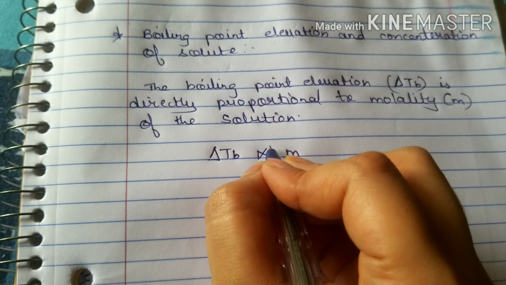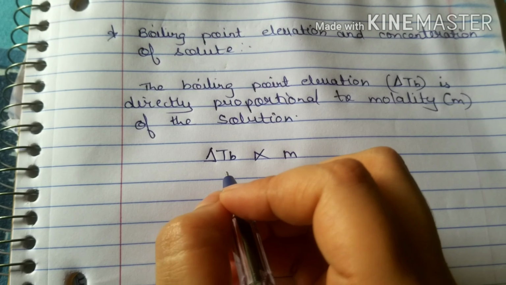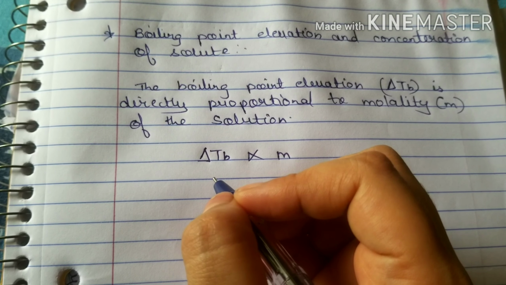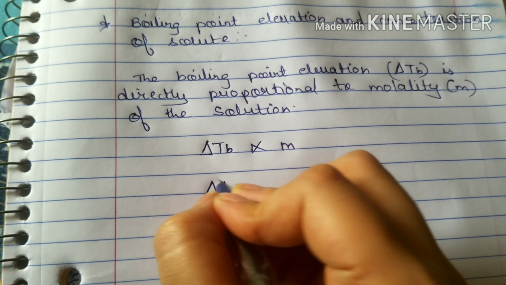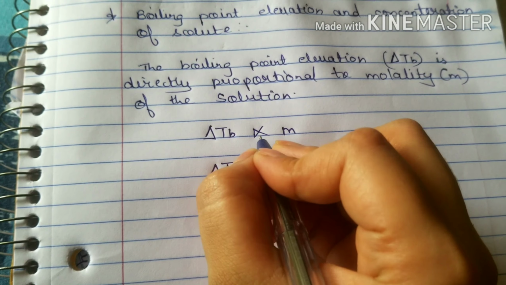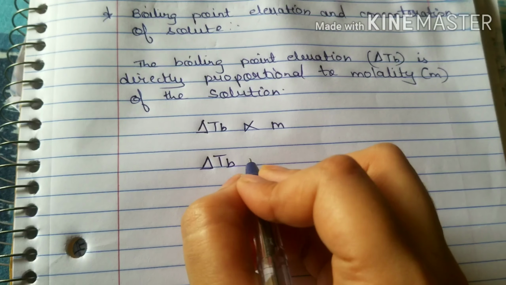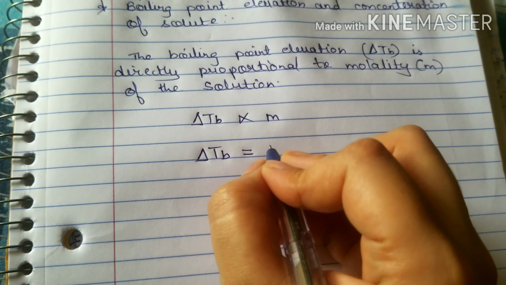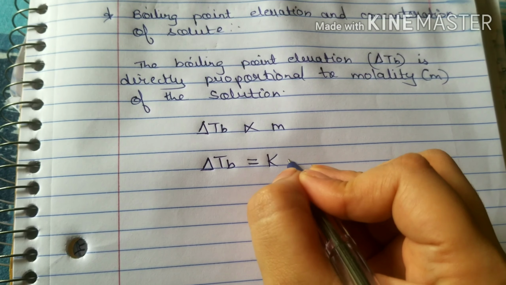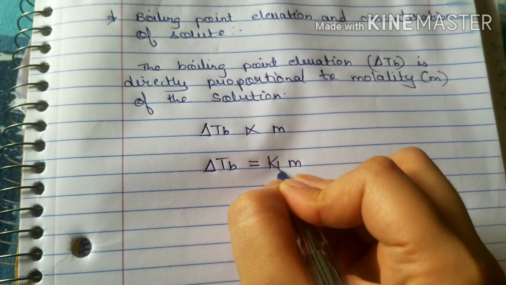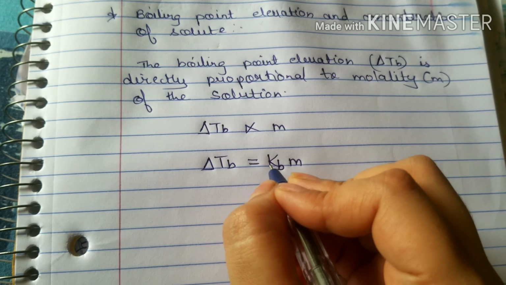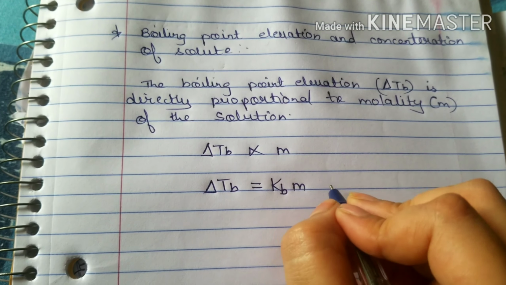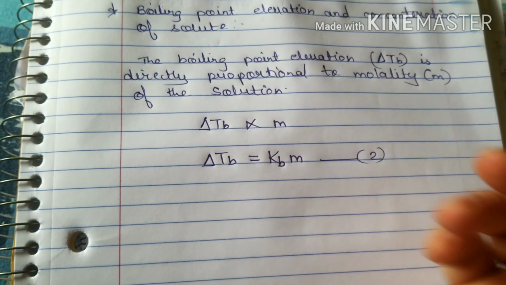Now I told you, if I want to remove this proportionality sign, I need to put an equal to sign along with a k, right? So what it will become? Delta TB, now I am removing this proportionality sign, so hence equal to k m. Okay, and here do not forget to mention B. Why? Because we are studying boiling point elevation. Okay, you can put the number 2 for this equation.